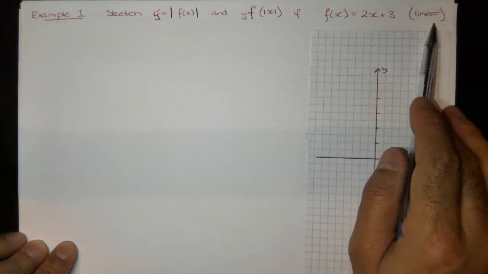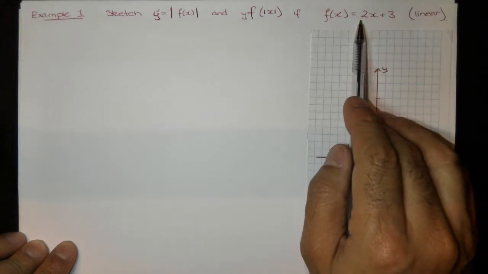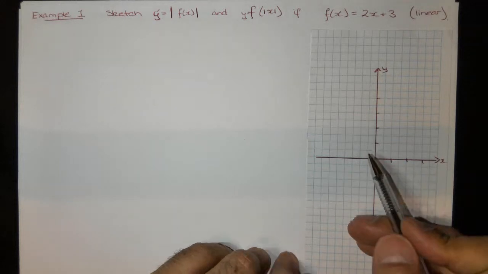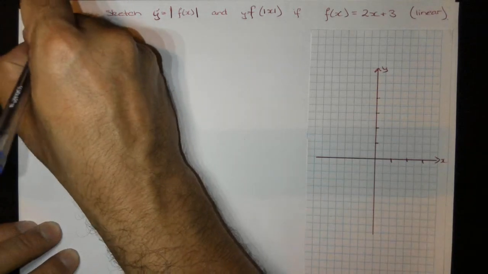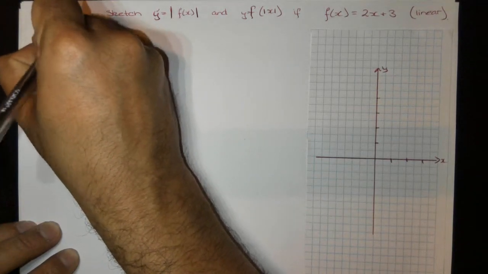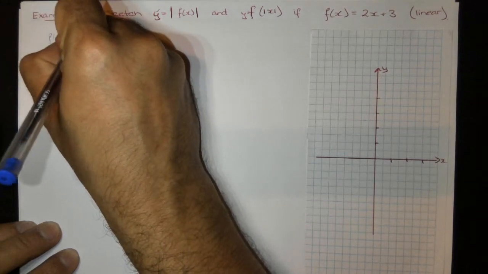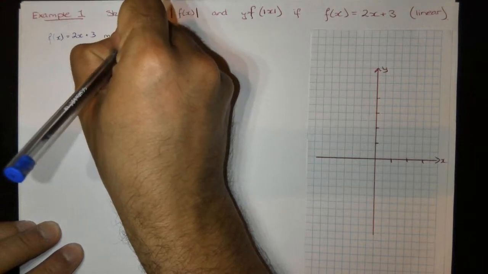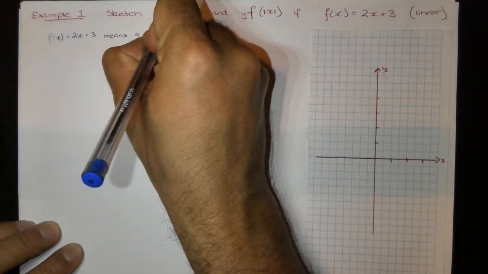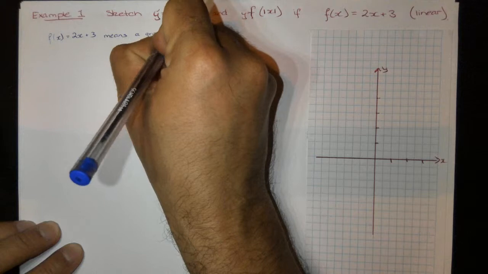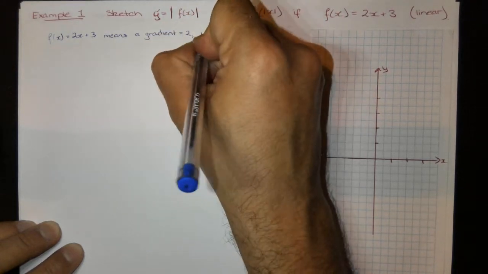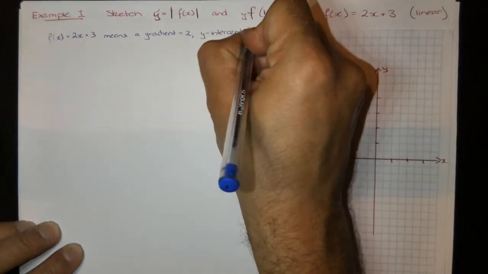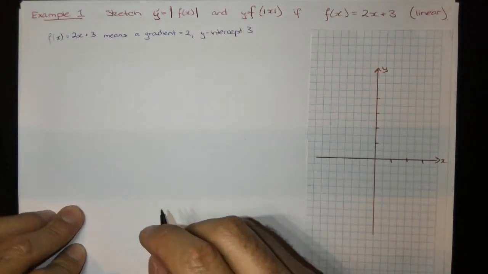So this is a linear relationship. We can see that the gradient is 2 and the y-intercept is 3. So I'm just going to sketch that. The standard f of x is 2x plus 3, which means a gradient of 2 and a y-intercept of 3. I'm going to do it in blue pen.